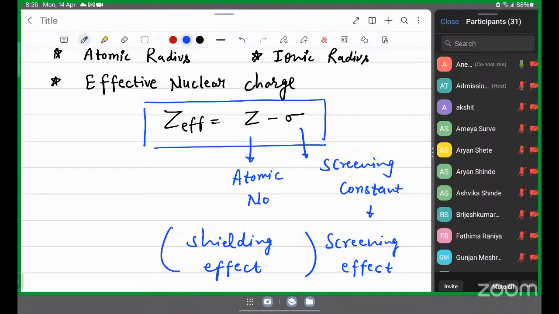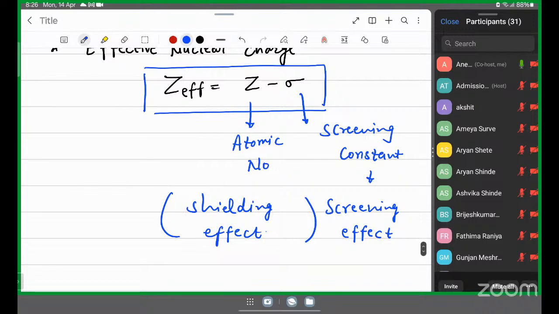So some of the charge will work against this shielding or screening. So there will be less amount of charge which will be effective for the outermost electrons. And this charge is effective nuclear charge, which is given by Z effective. And the formula is Z minus sigma.